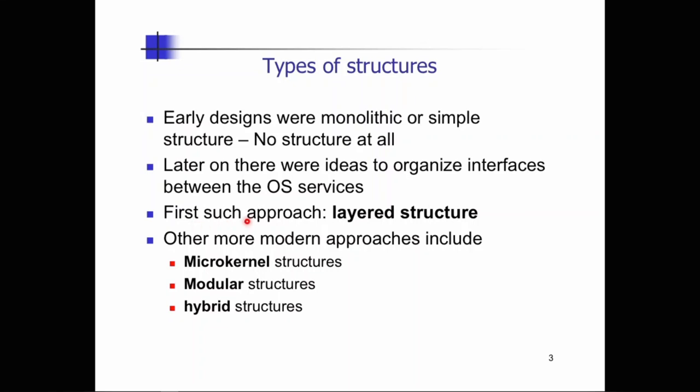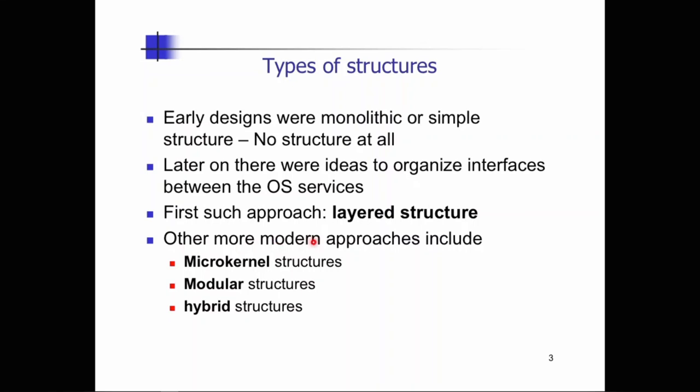The first such approach was the layered structure, and we'll talk more about it in just a bit. This is an operating system structure in which various services are organized in a hierarchical layer format.